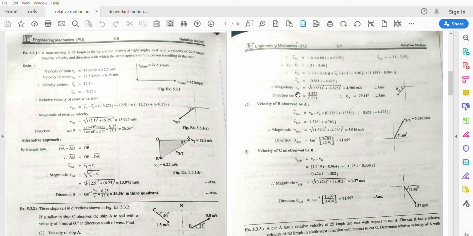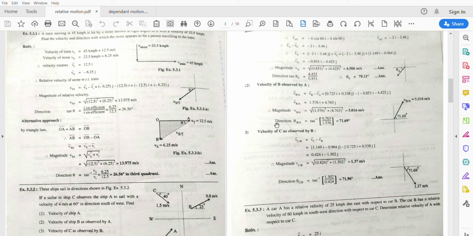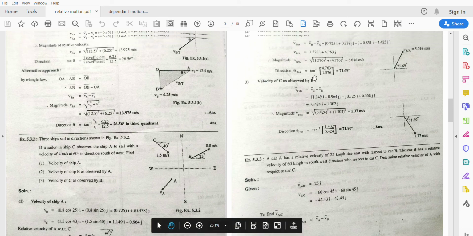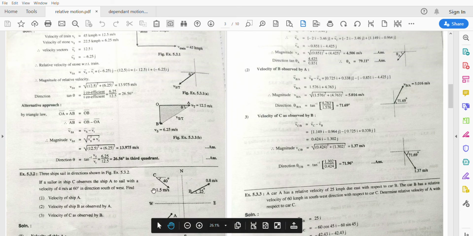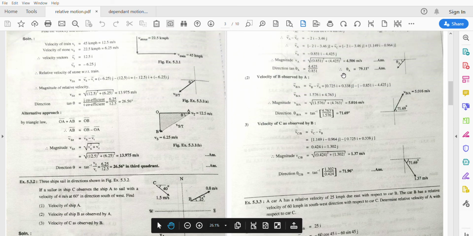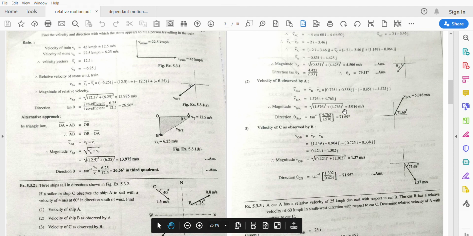And it means what? This is the absolute velocity, and this is the apparent velocity, the relative velocity. The actual velocity is 4.506. The person sitting in ship C would feel as if the velocity of A is 4 meters per second, but the actual velocity of A is 4.506 meters per second.